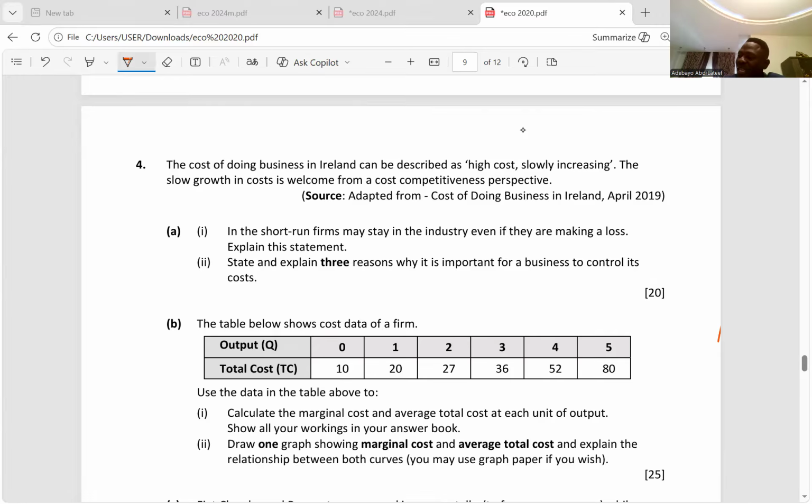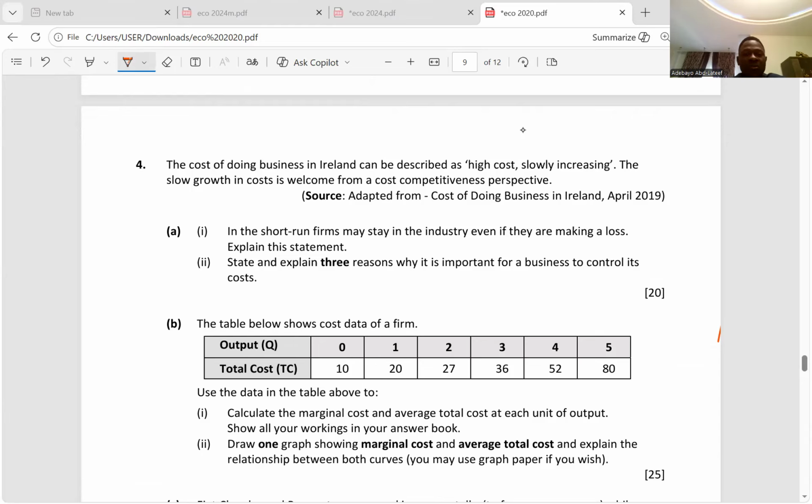So a firm would consider staying in the market if it's able to cover its average variable cost in the short run. The only time a firm will exit the market in the short run is if they are unable to cover their average variable cost. So in the short run, a firm should consider shutting down if it's unable to meet its average variable cost. I think that is clear. Is it clear, please?